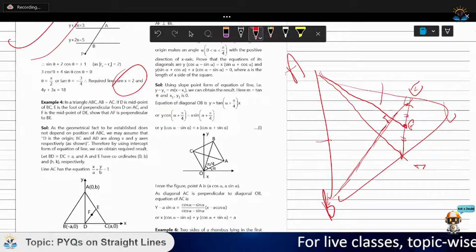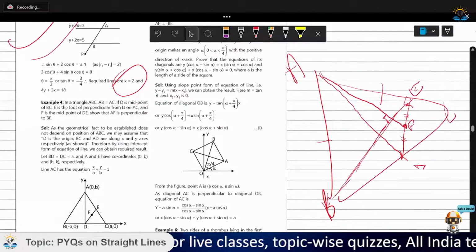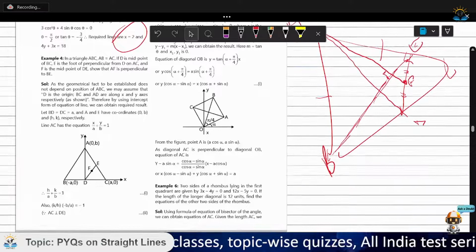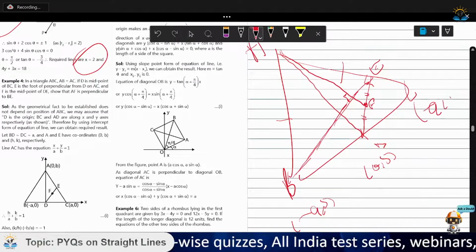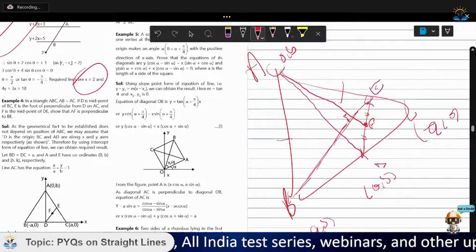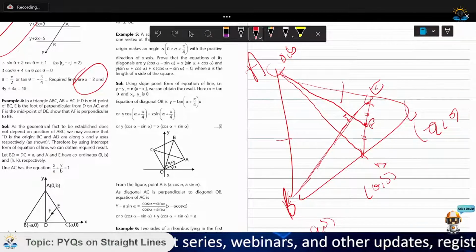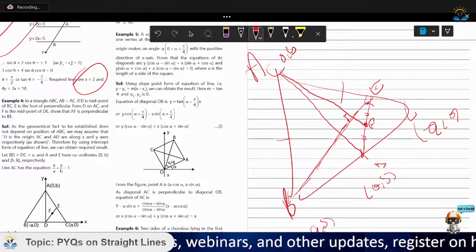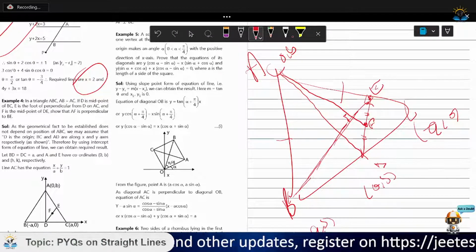So again, one thing for such questions, the first way is to assume the easiest variables you can. So let us consider this 0 comma 0, a comma 0, and this b 0 comma b. Things are clear till right now? And then I have to calculate the foot of perpendicular here. So how do I calculate it?